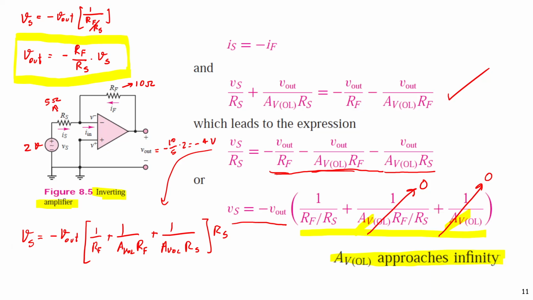Or if I change Rf to adjustable, or if the Rs is adjustable, I can adjust Vout, right? I can increase the volume of the sound if we change Rf to adjustable resistance.